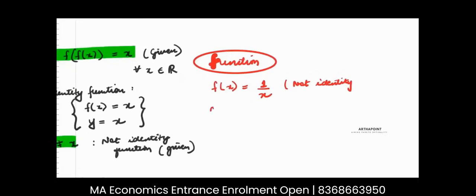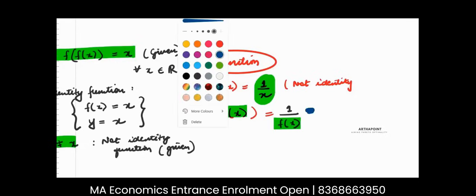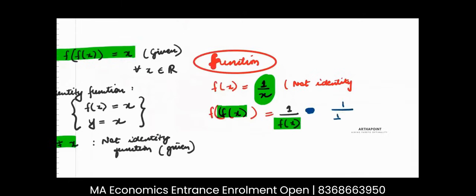So let's go ahead and do that. I want to find f of f of x. Instead of x, I will put f of x, so I will get 1 upon f of x. f of x in itself was 1 by x. So this will be 1 by 1 by x, which will be x.